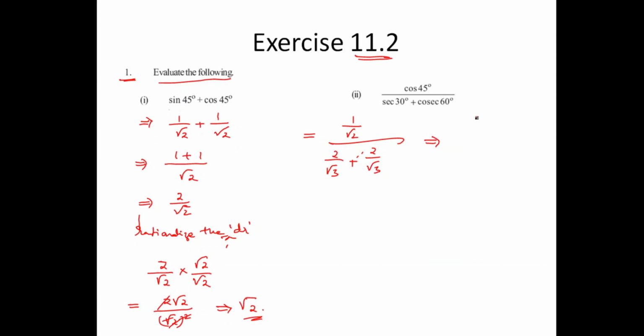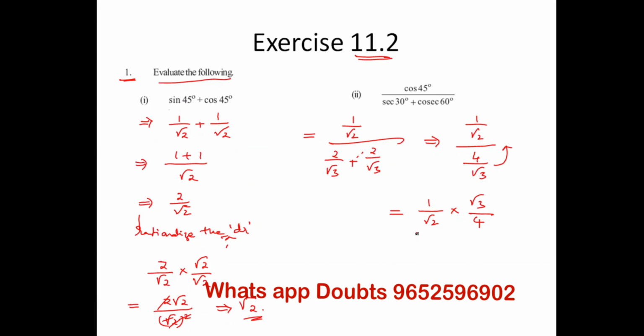I am writing the numerator as it is and solving the denominator, 4 by root 3. Now this is shifted up. That means 1 by root 2 into root 3 by 4. So the overall answer is root 3 by 4 root 2, which is your required answer.